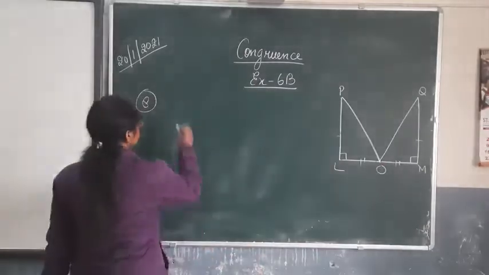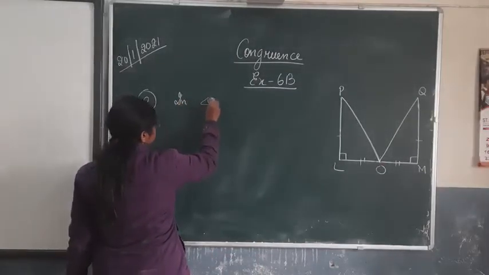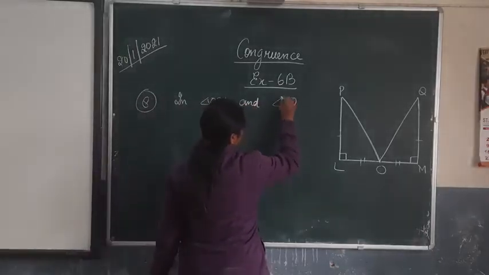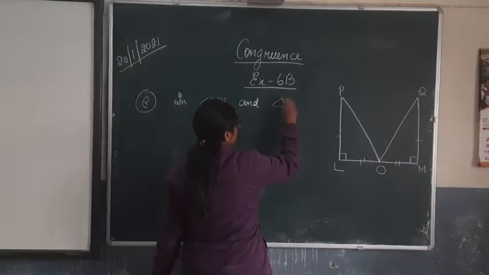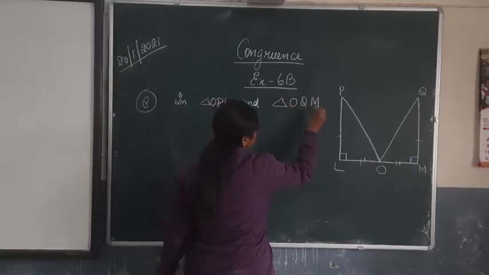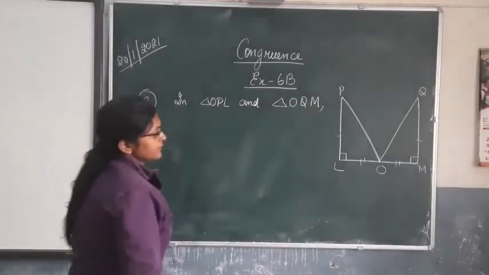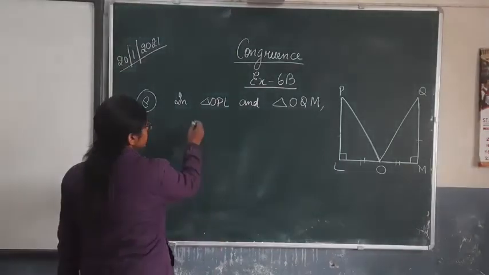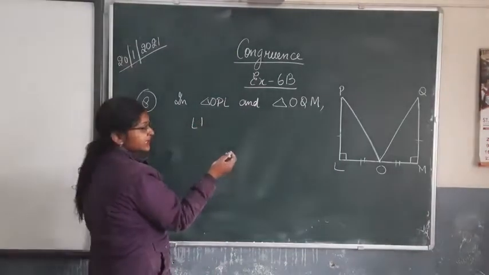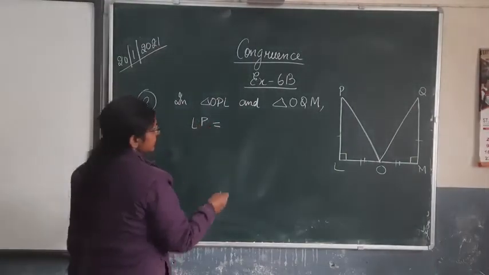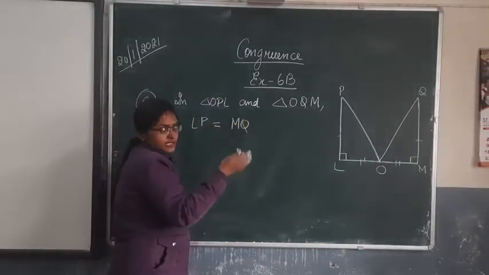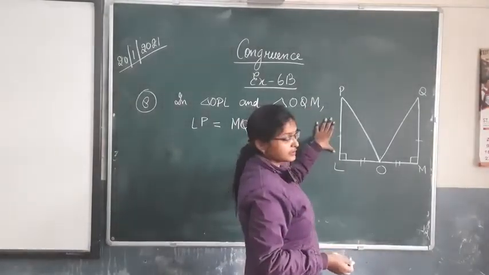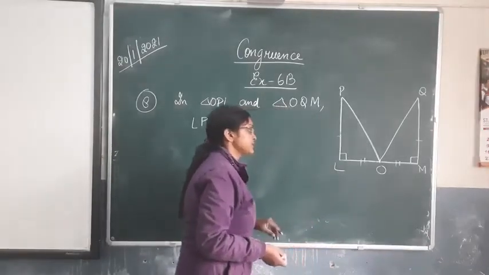So first of all, let's take the two triangles. In triangle OPL and triangle OQM, what is given in the question? It is given LP is equal to MQ. LP, you can also write it as PL. Because these two sides are equal, if it is 5 cm on one side, then it will always be 5 cm on the other.